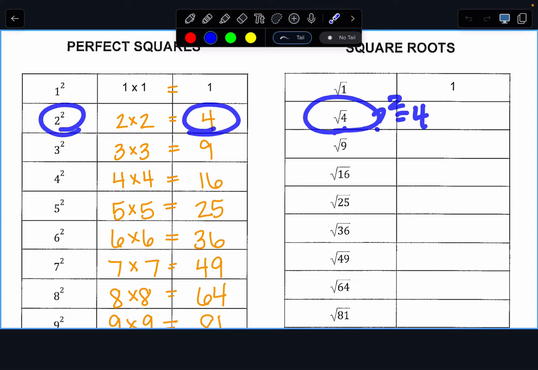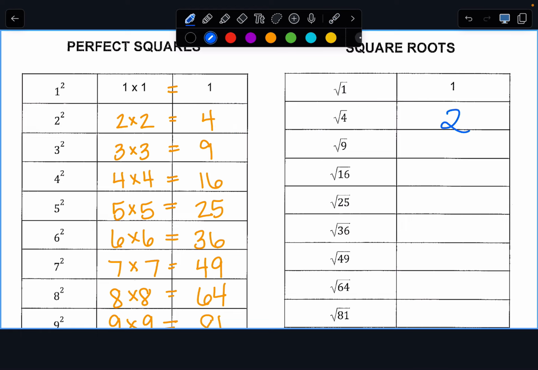So the square root of 4 is 2. When I ask you for the square root of 9, I'm asking you, what squared equals 9? Well, 3 squared equals 9. So the square root of 9 is 3.